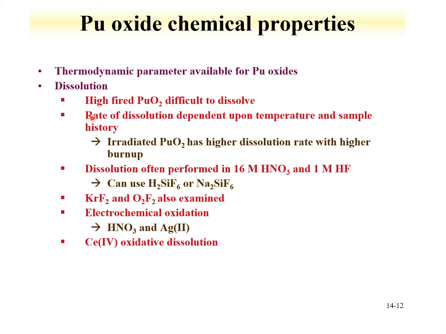And as we already stated, irradiated dioxide has a higher dissolution rate with higher burnup. The dissolution can often be performed with the addition of HF and other stronger oxidizing agents, electrochemical oxidation, or with the use of cerium.